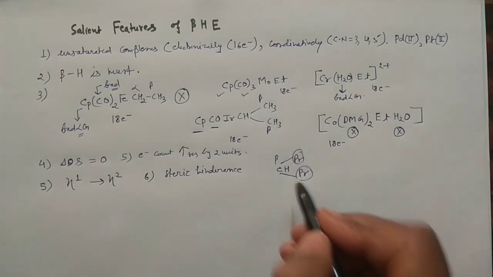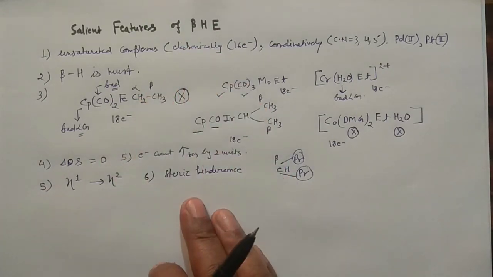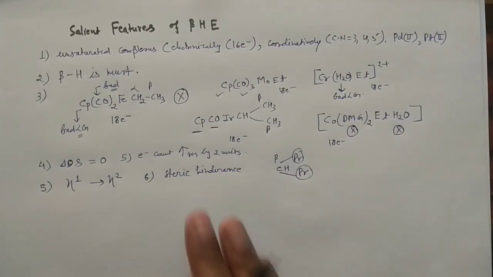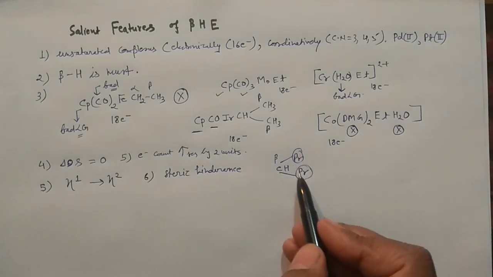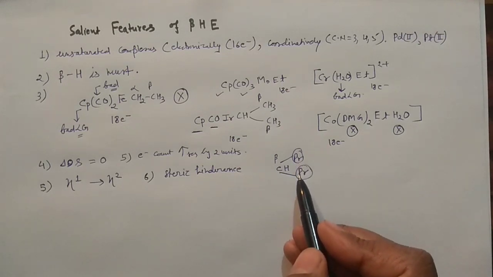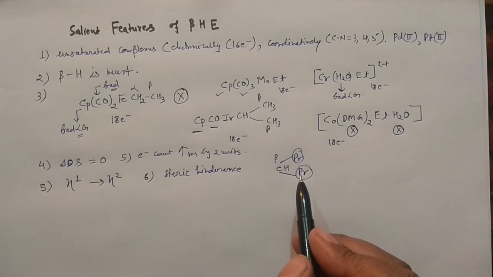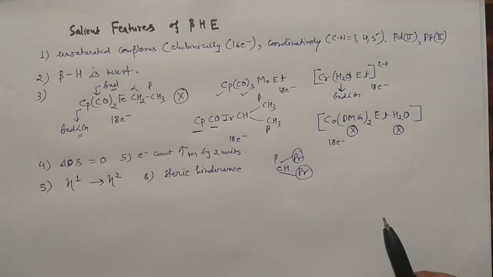So when the steric hindrance is more, it will prevent the beta hydrogen elimination reaction from occurring. So it is something very important. See, if you have a 16 electron complex having the beta carbon and also having very bulky groups around it, your beta hydrogen elimination reaction would not occur. And when the reaction would not occur, you will say that your complex is thermodynamically more stable. This is something very important.